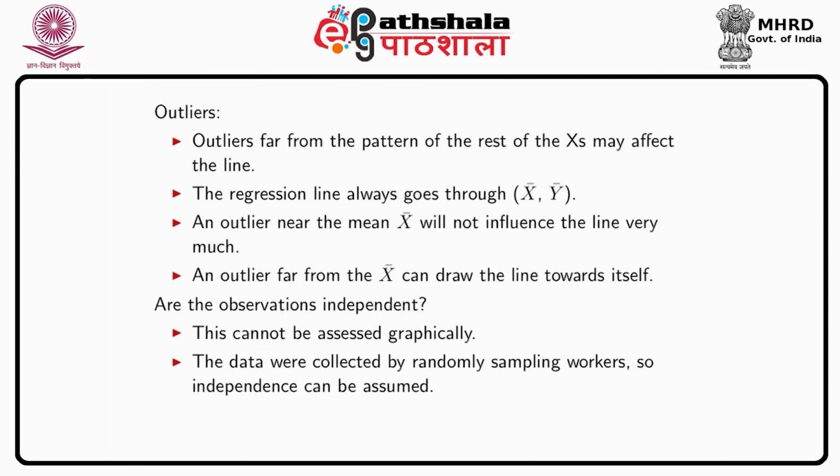Now we see one outlier towards the lesser experience values. Outliers are far from the pattern of the rest of the x's and may affect the line, and the regression line always tries to go through the mean of the x variables and the mean of the y variable. So an outlier near the mean of x will not influence the line very much, but an outlier far away from the mean of x, as in this case, will draw the line towards itself.